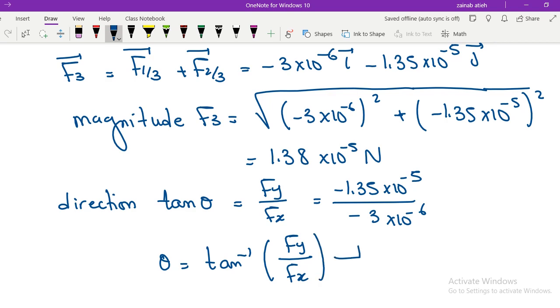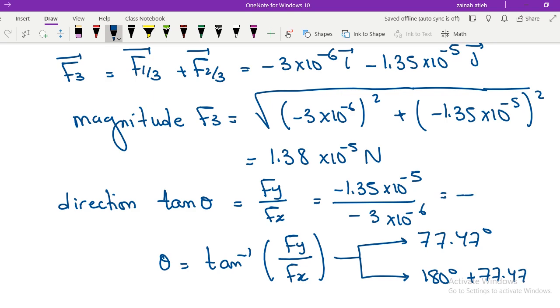It will give you on your calculator 77.47. In reality there is not only one angle with the same tangent. There are two angles that have the same tangent, the one that's given by your calculator and another one which is equal to 180 plus 77.47. Okay, so I have to choose one of these angles.